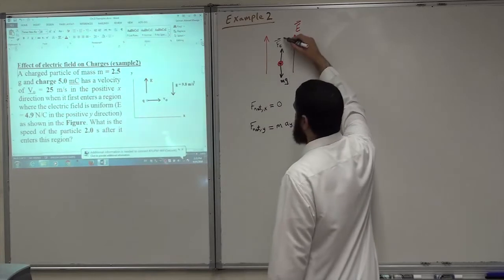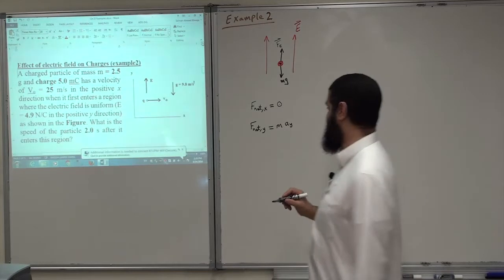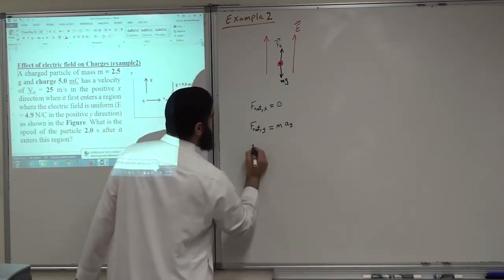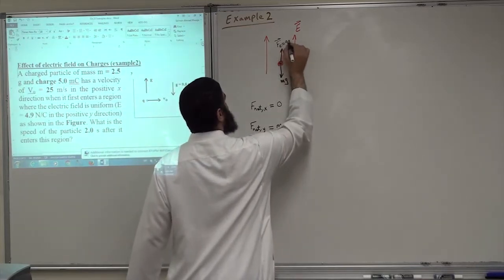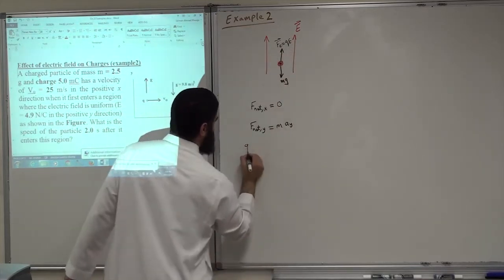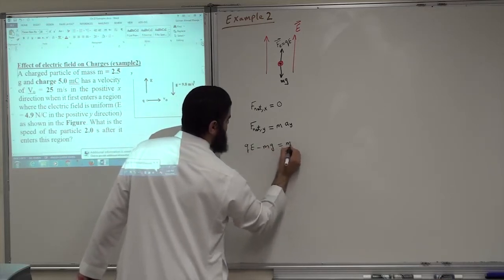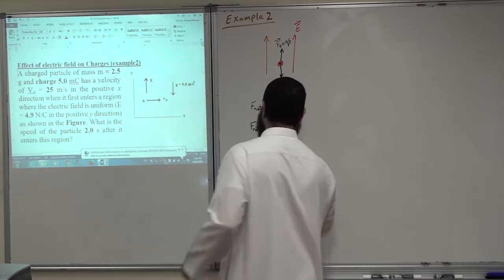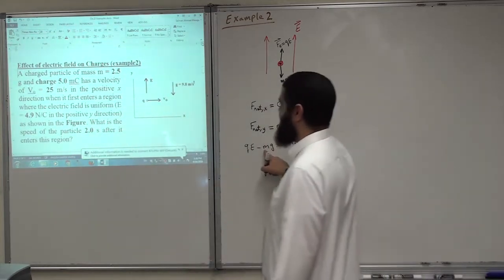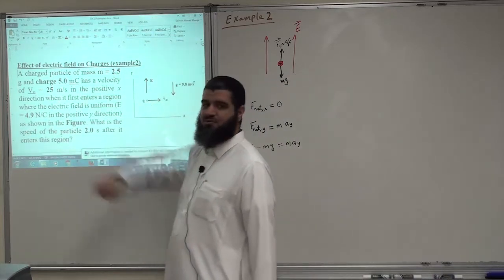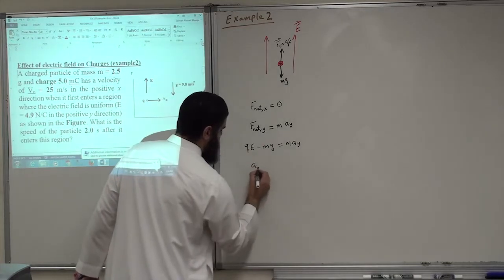I have Fe upward, and mg downward, the gravitational force. So I can write that Fe, which is nothing but QE, so this will be QE minus mg, all of this equal to m a_y, the acceleration along the y direction. The mass appearing here is the mass of our particle, which is 2.5 gram. Let us see how much the acceleration along the y-axis is.